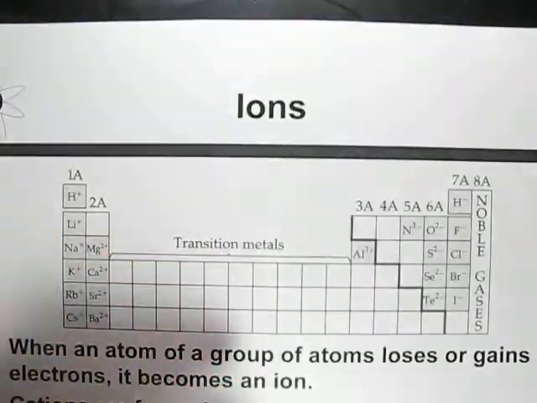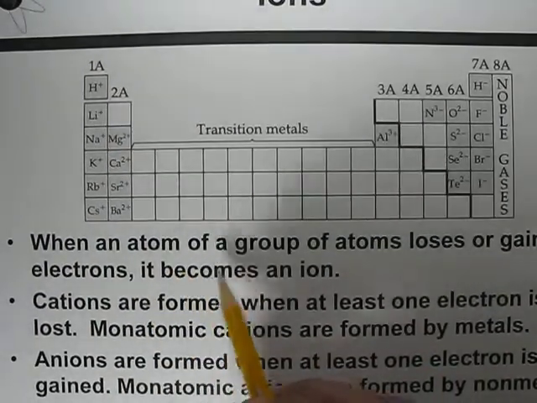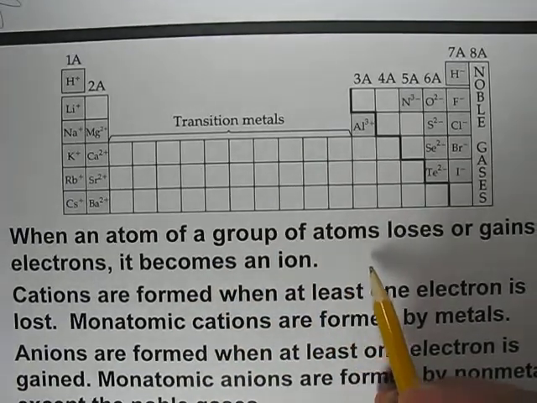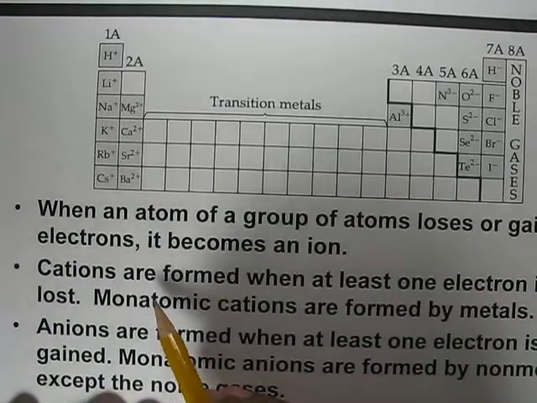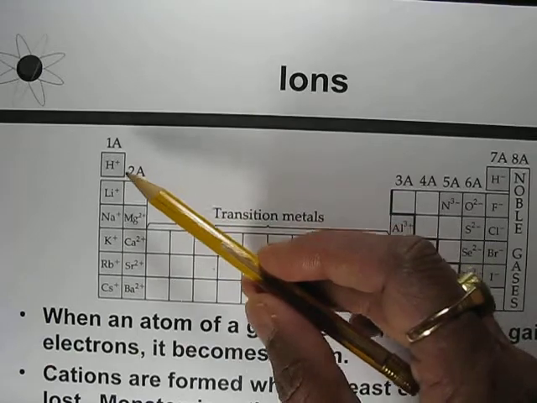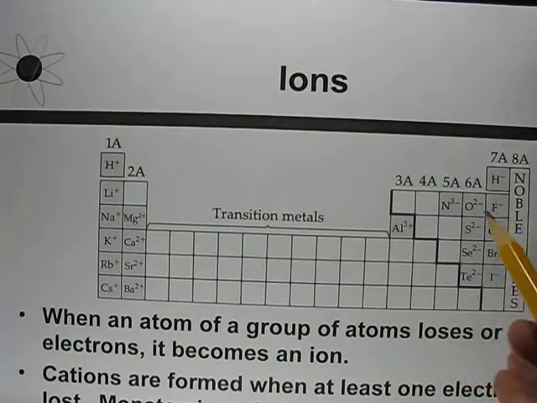So first we have to understand what are the ions. When an atom or a group of atoms loses or gains electrons, it becomes an ion. For example, these are the metals and here are some non-metals with the charges.